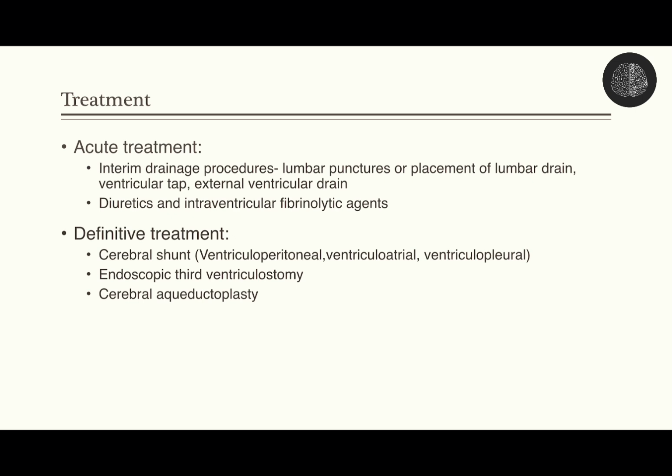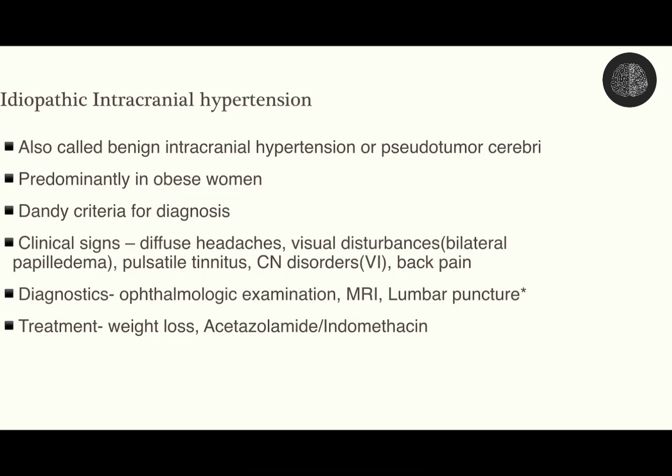So our last topic is idiopathic intracranial hypertension, which is also called benign intracranial hypertension or pseudotumor cerebri. It's predominantly seen in obese women. There are also some risk factors like certain medications causing drug-induced intracranial hypertension, which include growth hormone, tetracyclines, danazol, or excessive vitamin A. The diagnosis is done by Dandy criteria.